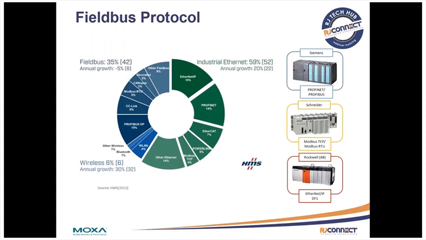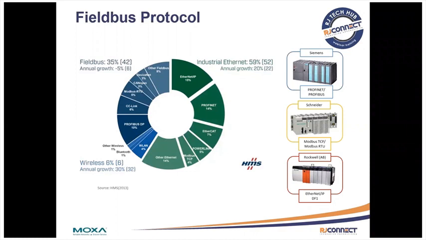On the left side, or the blue part of the circle, you'll see our serial-based field bus protocols. And on the right-hand side, you'll see our Ethernet-based field bus protocols, such as Ethernet IP, Profinet, and so on. The major players that use some of these protocols are Siemens, that typically uses Profinet or Profibus.